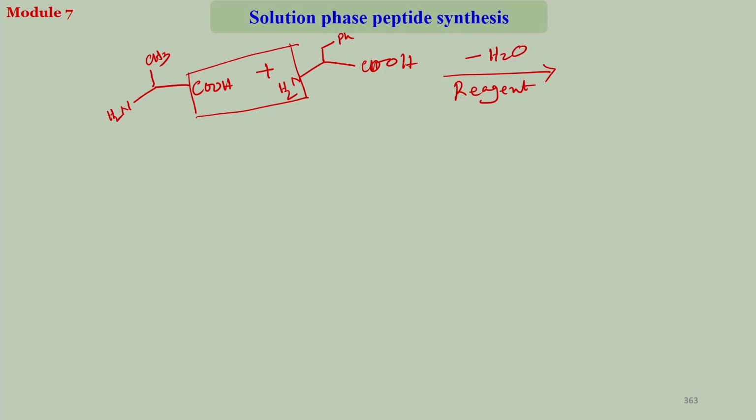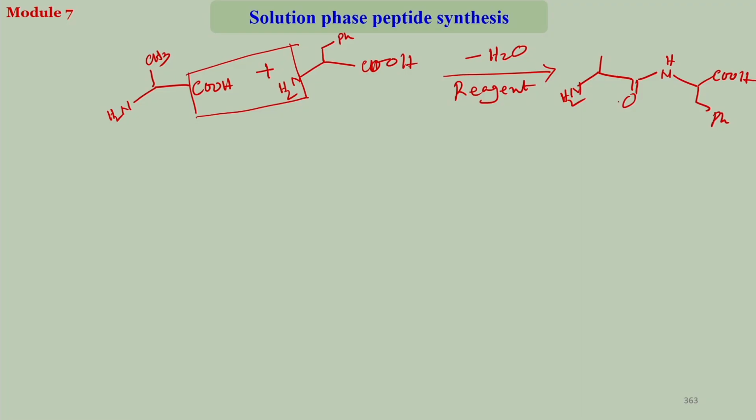So if you fuse these two amino acids, you can expect to get a peptide bond. This is alanine, this is phenylalanine, so you get a dipeptide.